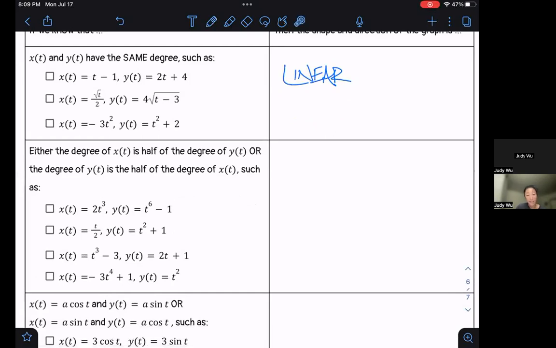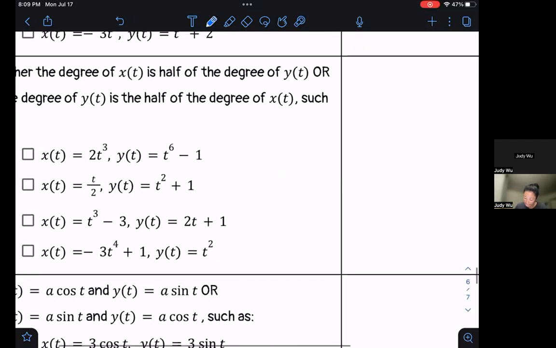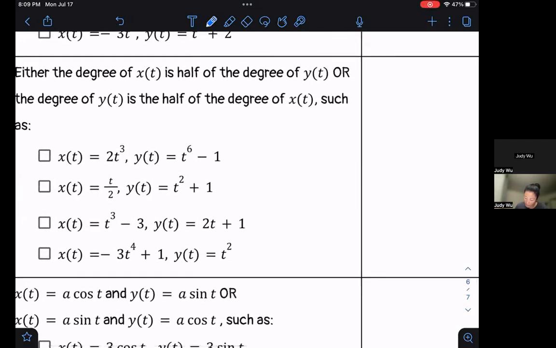Now, it turns out that if the degrees of x and y are just half of each other, so for example, 3 and 6, 1 and 2, we could actually make this 3 halves, that would actually work, okay?